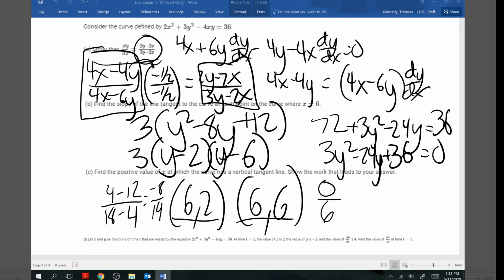So the slope is 0 at 6, 6, and it's negative 8/14 at 6 comma. Dang it, did I mess that up? I did mess that up. It's not negative 6/14. I swapped y and x like a scrub. Okay, so it's actually 6 minus 12, so it's actually negative 8 over negative 6, which is 4/3. So it's actually 4/3 as a slope at 6, 2, and 0 at 6, 6.